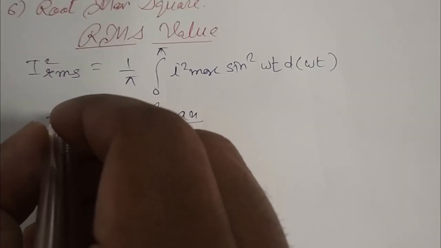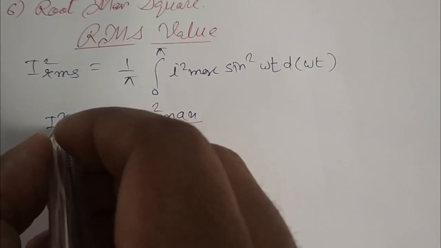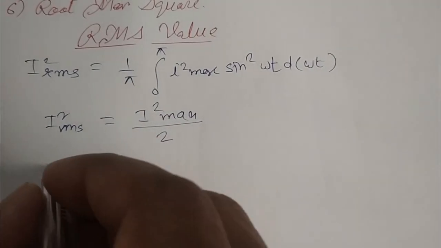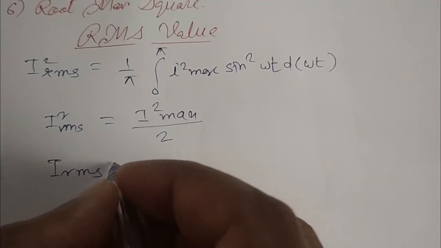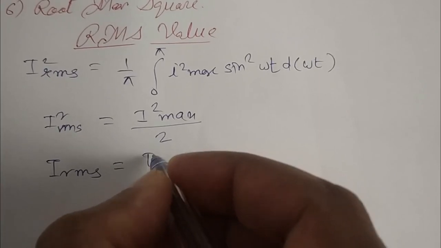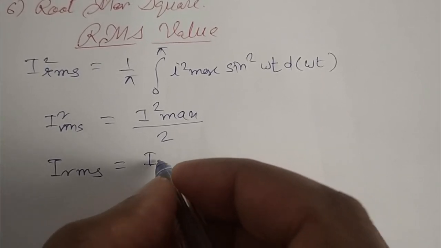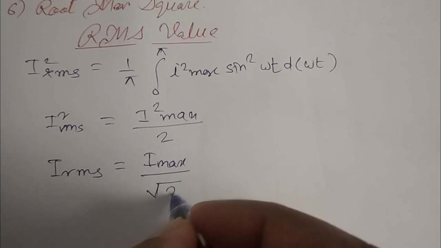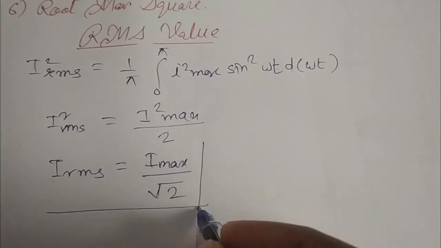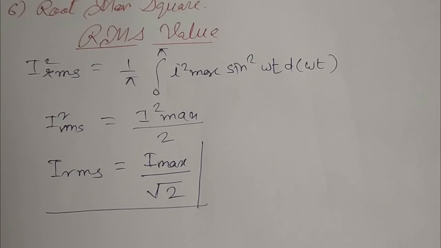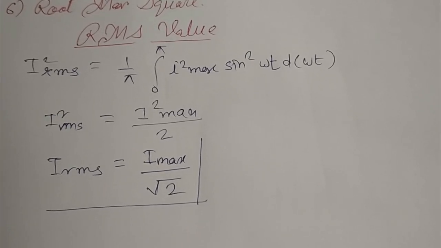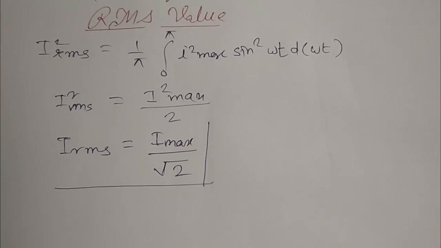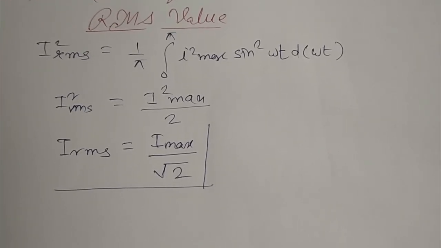So this one is IRMS square. From here we can write IRMS is equal to I max, that is the maximum value of current, divided by square root 2. This will be the expression for the RMS value of output. Now let us see the form factor and peak factors.